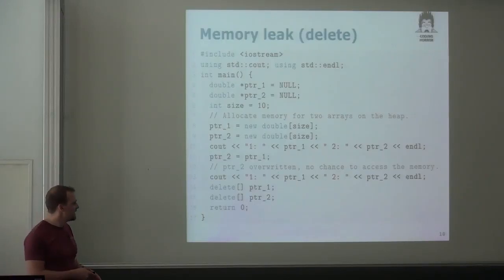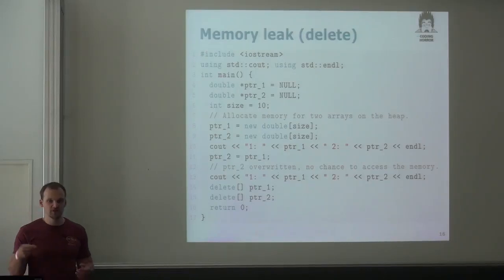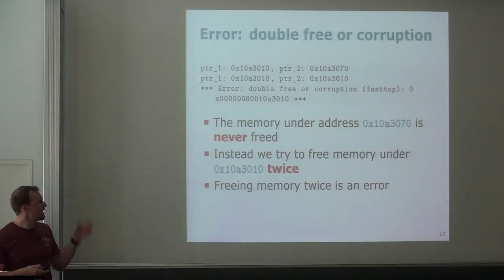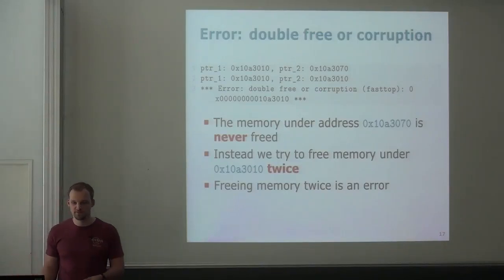In this case, we tried to delete the memory under pointer 1, and then we tried to delete the same memory because we had assigned pointer 2 to pointer 1. So whenever you see a double free or corruption error, it means you have tried to free memory twice.